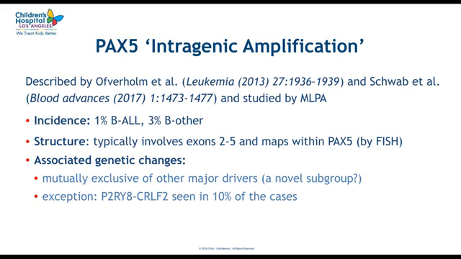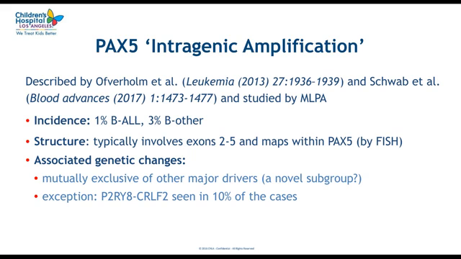And then what was particularly interesting is that this did not occur in any cases that had other major subtype-defining genetic drivers. So it seemed mutually exclusive with other major drivers, and they hypothesized that this abnormality probably defines a new genetic subgroup of BLL. A very interesting exception was P2RY8::CRLF2 fusion, which was seen in a subset of these cases.